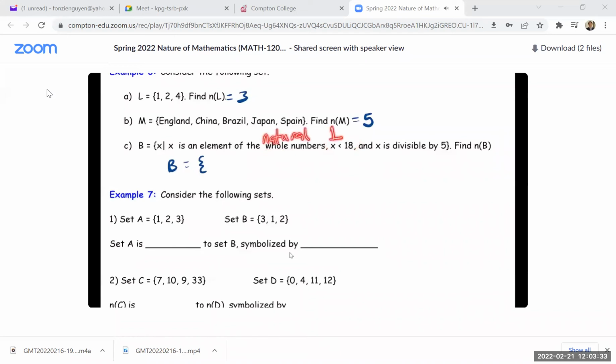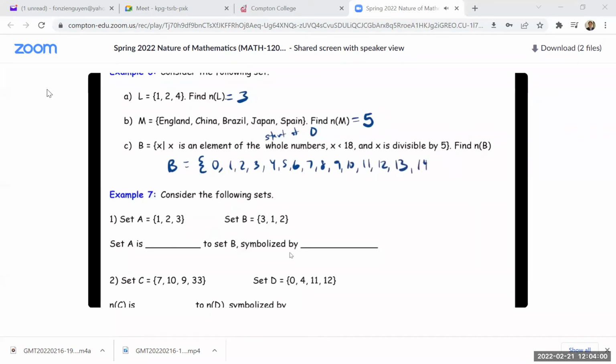Anybody remember what whole numbers start at? 0. So the first one would be 0, and then 1, 2, all the way to 17. But then it says it has to be divisible by 5.